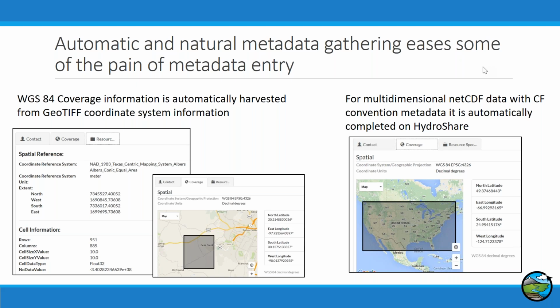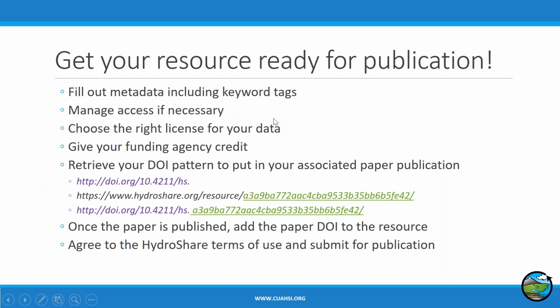So if you upload netcdf data or a geotiff, or again the Esri shape files, it's going to pull out the coverage metadata from your data set and immediately apply it in HydroShare. So you don't need to go in and draw a box. It's just going to know about that.